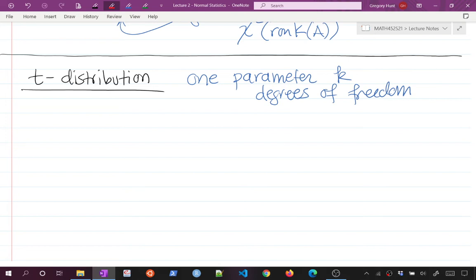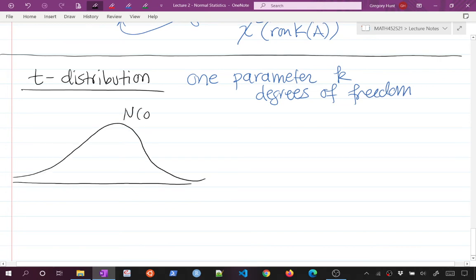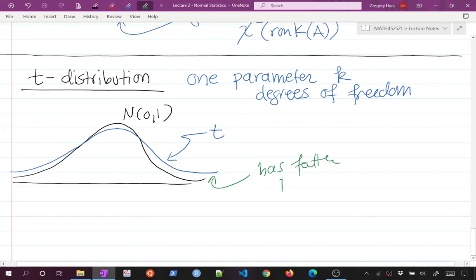So the t-distribution looks like a normal. So let's say this is our standard normal distribution. A t-distribution might look something like this. What is said about the t-distribution is that it has fatter tails. That is, the normal distribution decays exponentially as we go to positive and negative infinity.